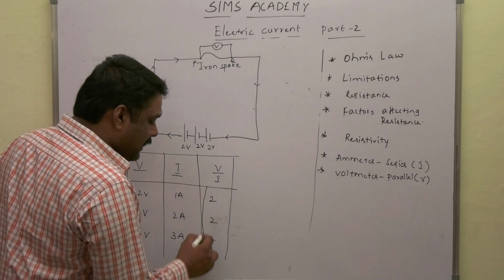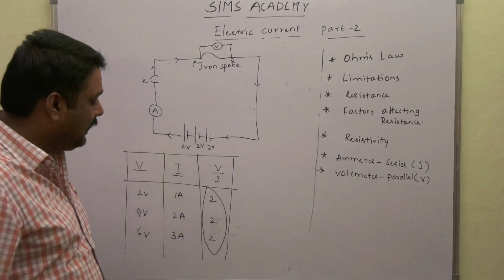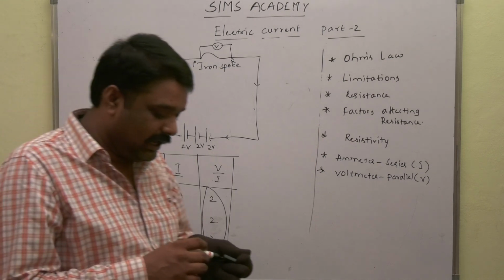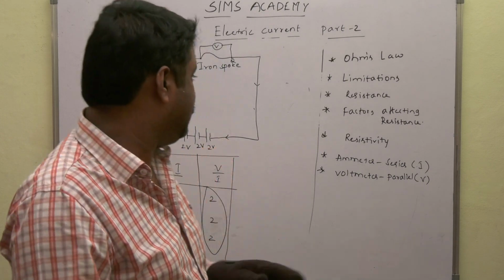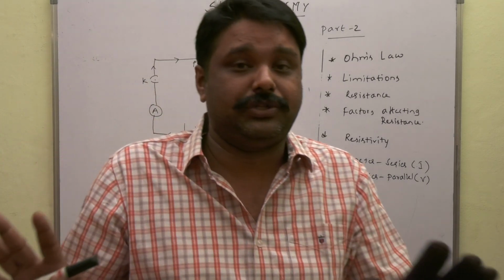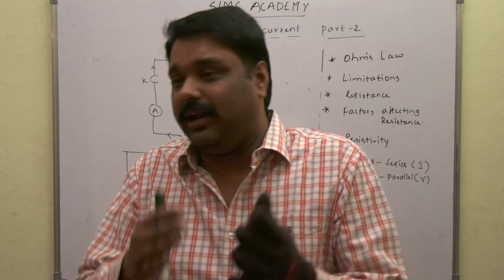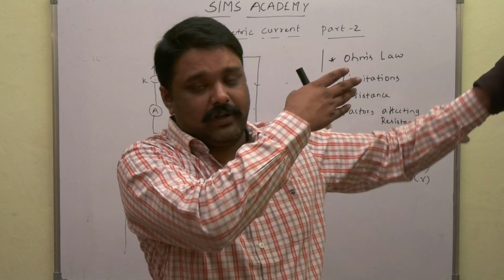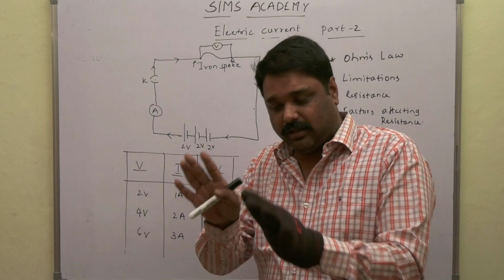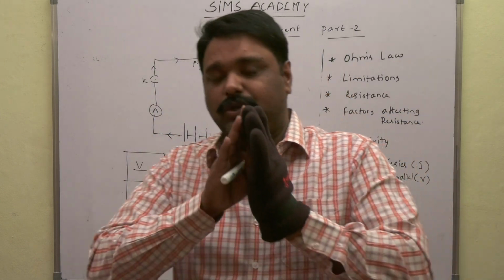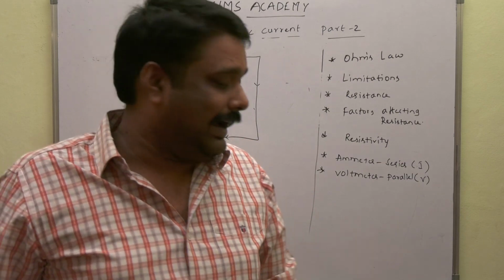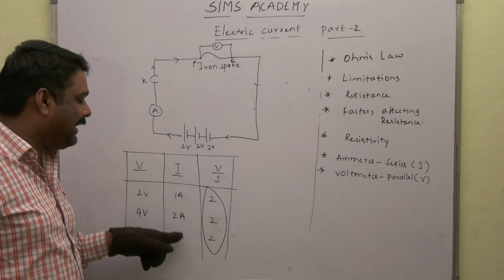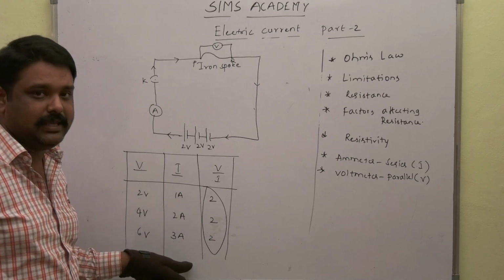Now finally I observed in this particular activity, I did not change the temperature. Temperature remained constant because I did the experiment with the 2 volt cell in this room, and I did not go somewhere else after connecting 2 volts. In the same room I have done it. That means there is no change of temperature, and as I increase the voltage in the circuit, the electric current increases.